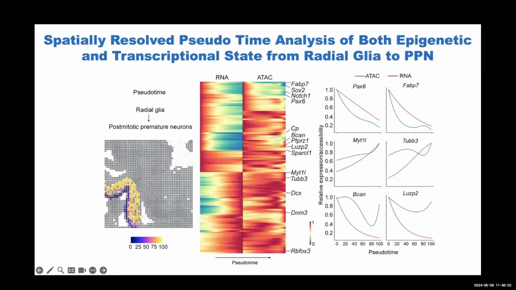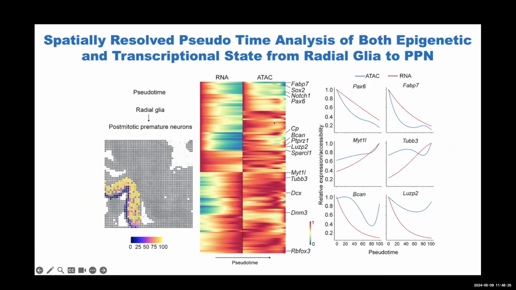The radial glia lining around the ventricle, once they become more committed to neuronal lineage, migrate into the parenchyma. But if you look at this differentiation process in terms of both RNA and ATAC, in most of the cases that's true: chromatin opens up and the genes are expressed.